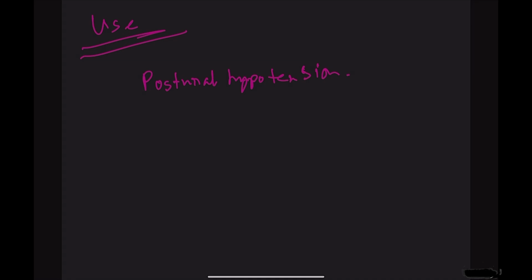When we change position, when we stand from the sitting position or sit from the lying position, the gravity pulls the blood. To compensate for this, the body activates the sympathetic system and it causes vasoconstriction.